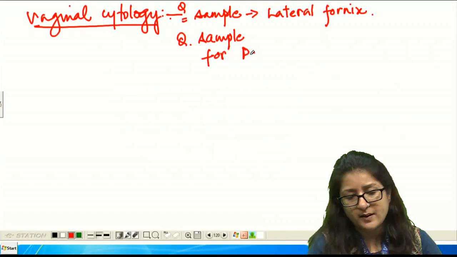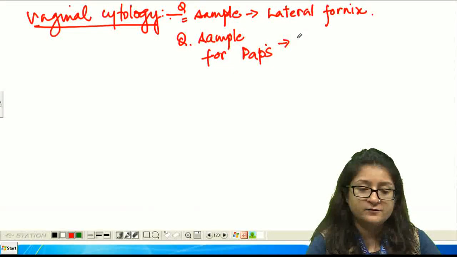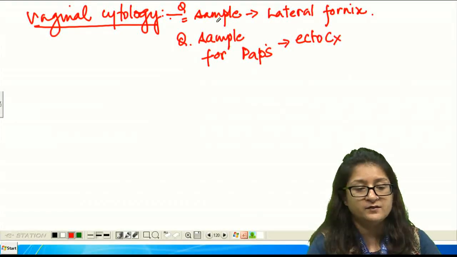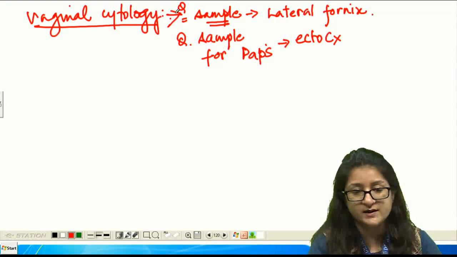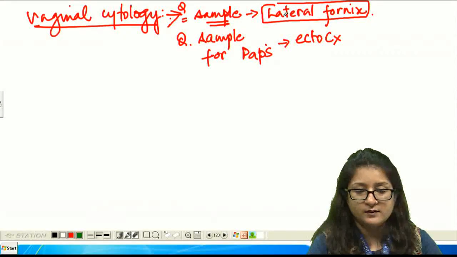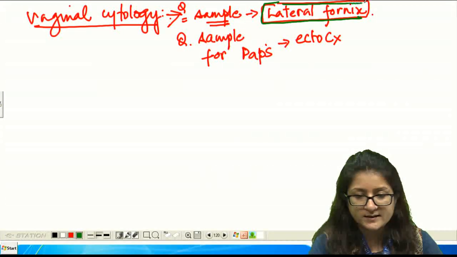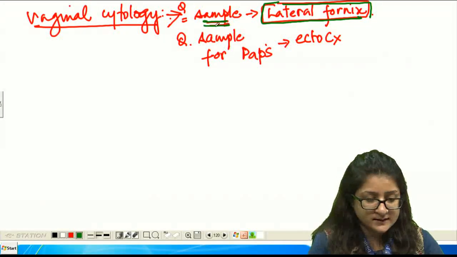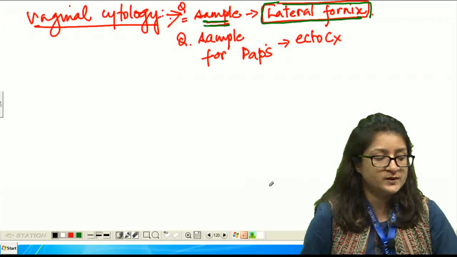For a pap smear, the sample is taken from the ectocervix, and for vaginal cytology, we take the sample from the lateral fornix. Okay, so this is important. The type of cells present can tell us what kind of hormonal stimulus it is.